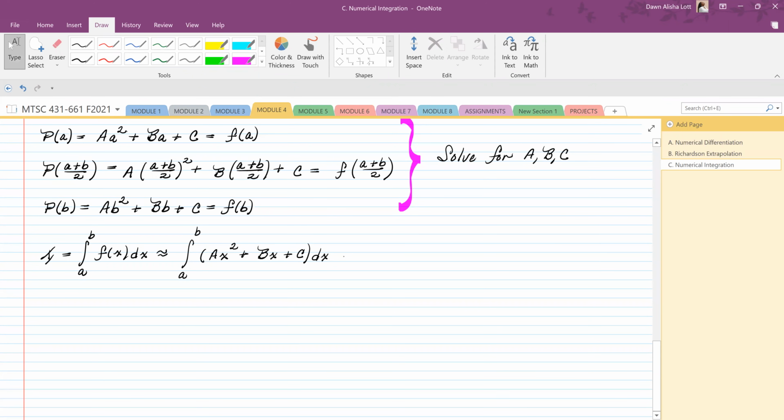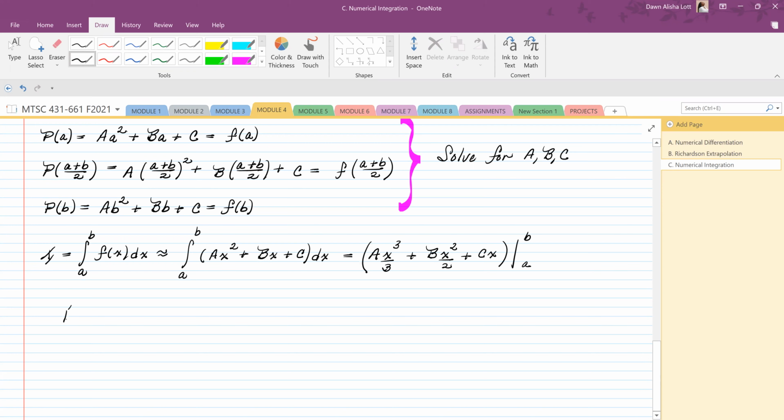This turns out to be Ax cubed over 3 plus Bx squared over 2 plus Cx, evaluated from a to b.